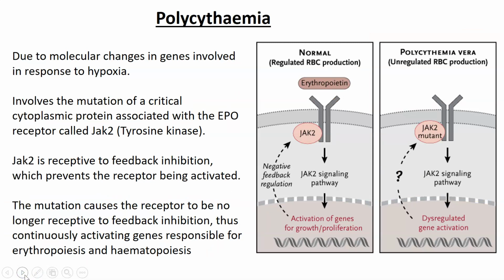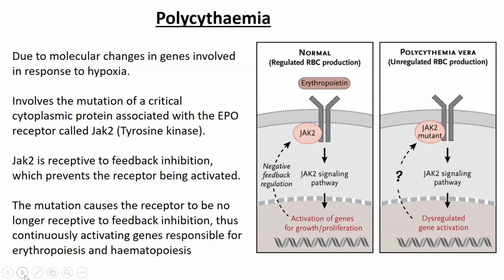Okay, so just to finish off, one of the main reasons for polycythemia, or where there's an increase in the number of red blood cells, is simply a failure to regulate the number of red blood cells.